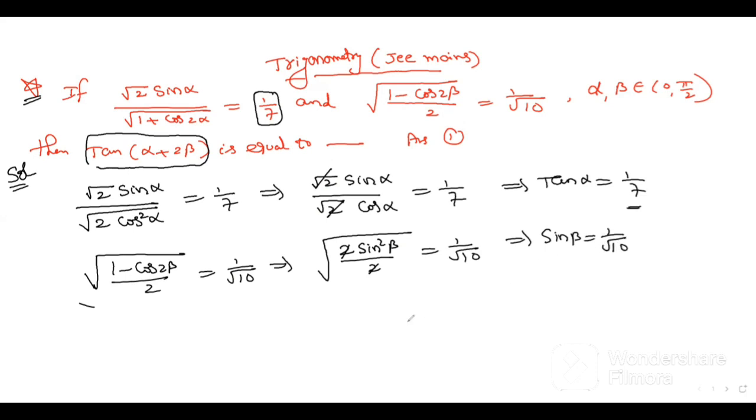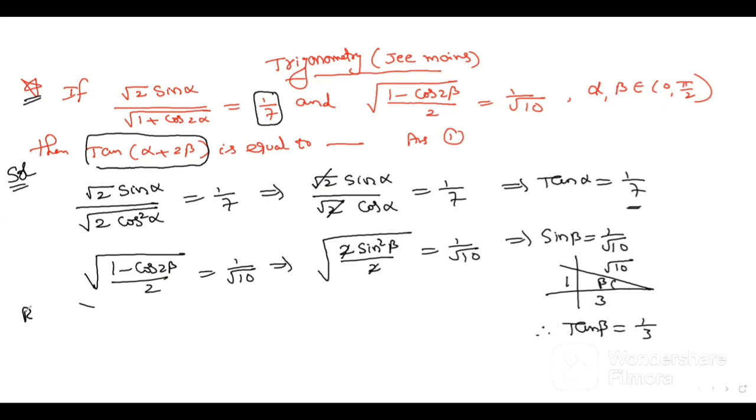Okay, sin beta value we have got is 1 by root 10. Here, from this triangle, one angle is beta, opposite side by hypotenuse, then the adjacent side is 3. From this triangle, what is the tan beta value? 1 by 3, opposite side by adjacent side.